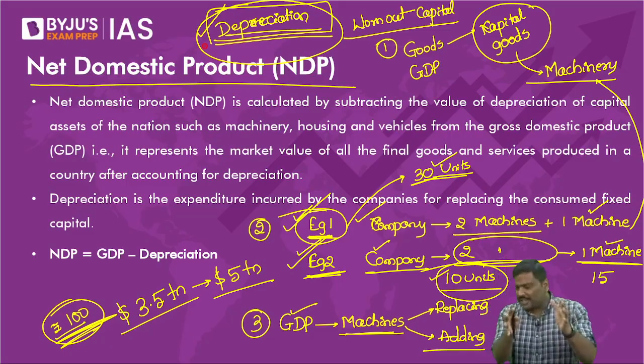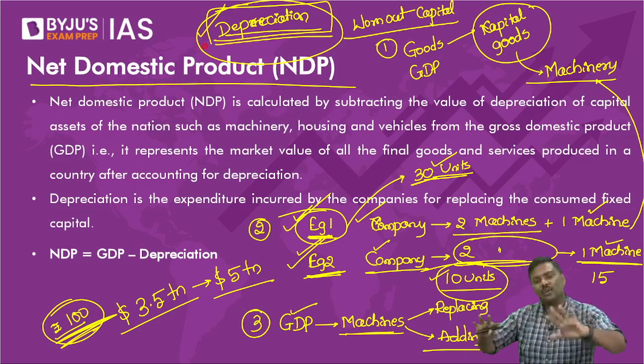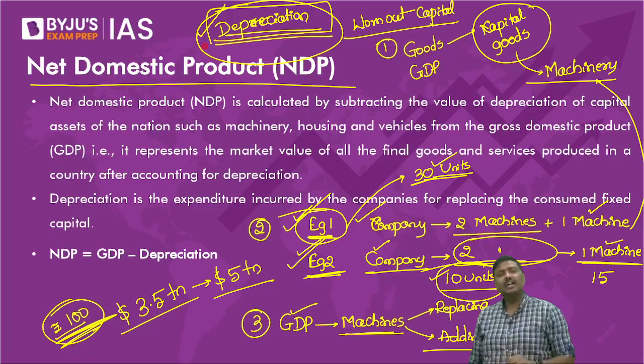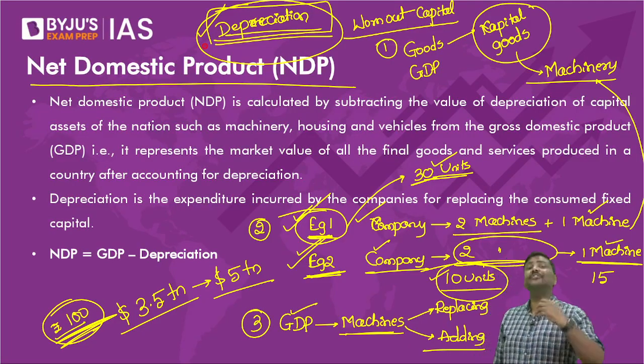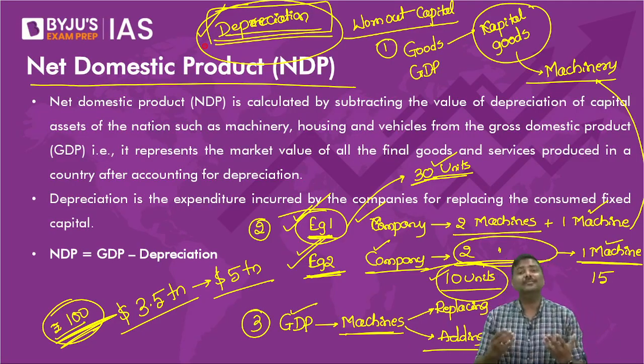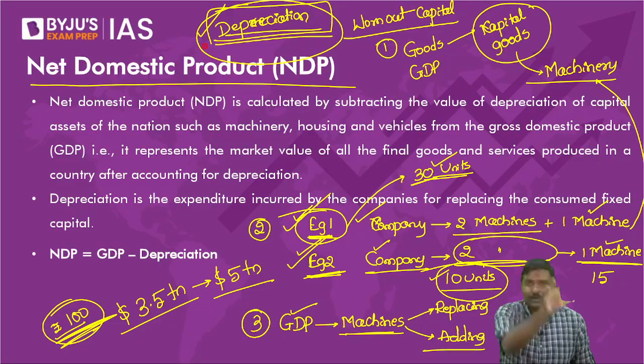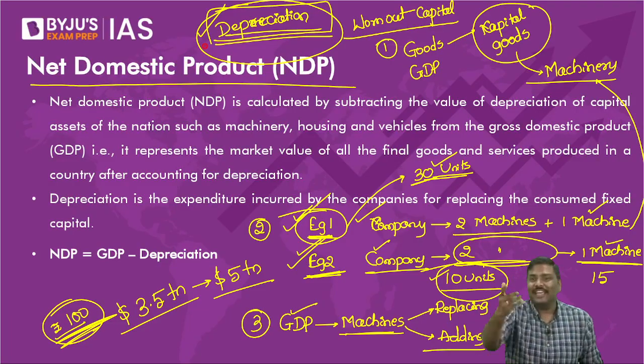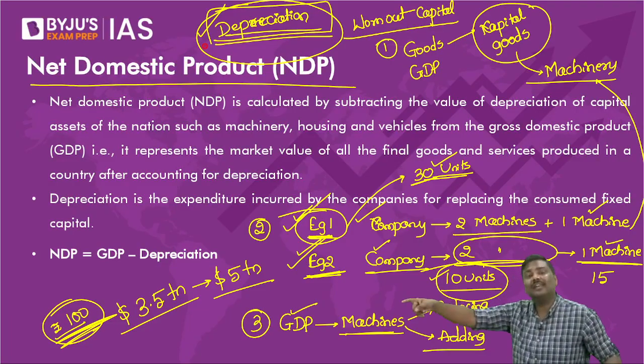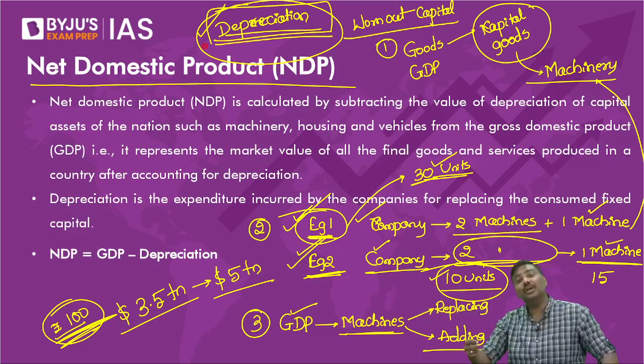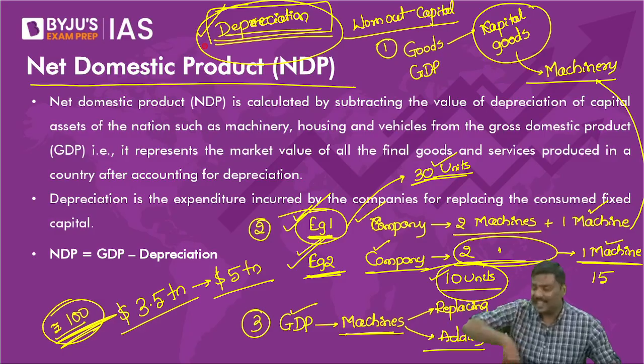You have produced a GDP for this year, let's say 100 crore rupees, and in this year depreciation value is, let's say, 50 crore rupees. What does it mean? It simply means 50 crore out of your GDP value is not addition to the capital. It is replacing the existing capital.